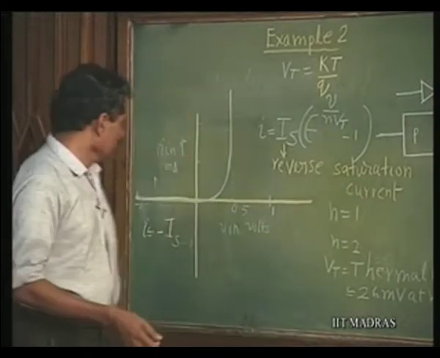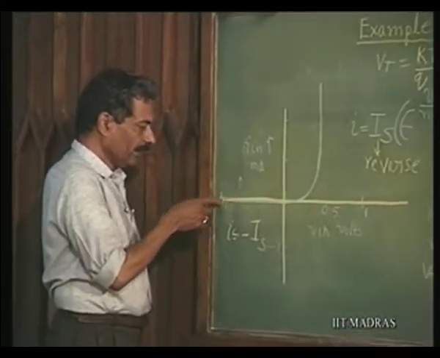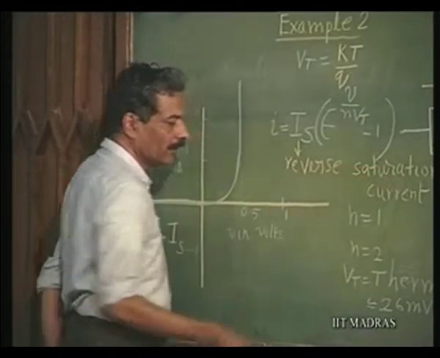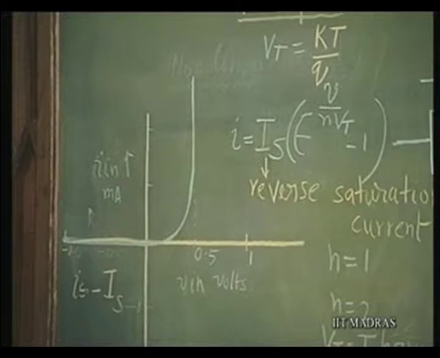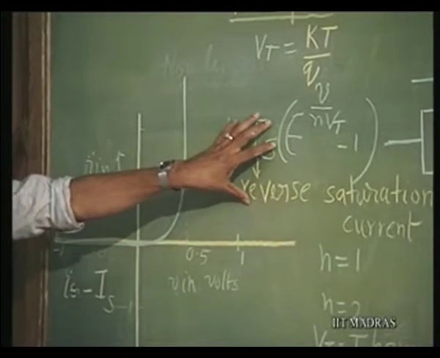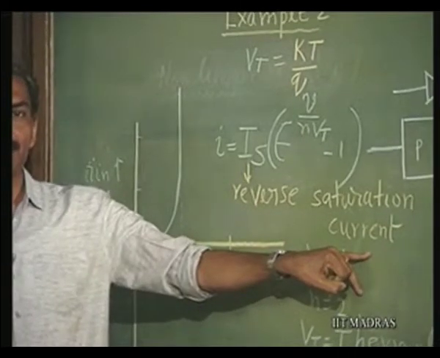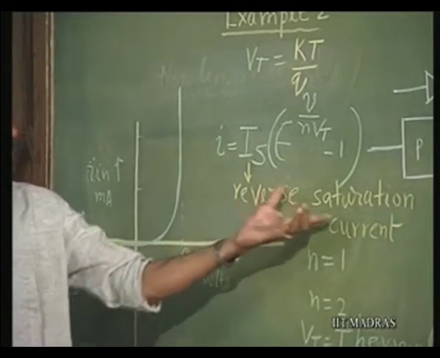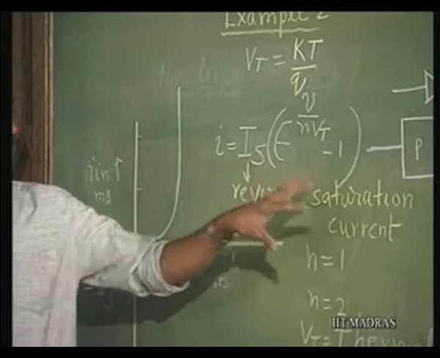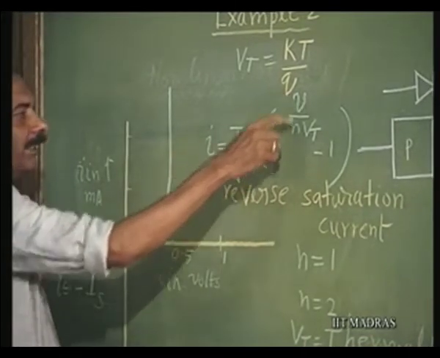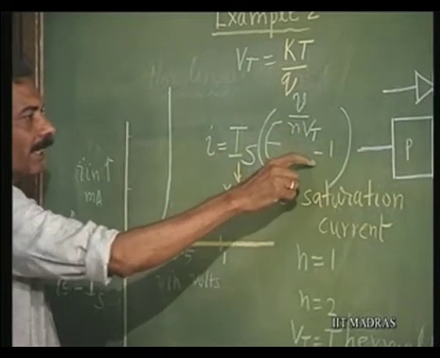So, the property of the diode is uniquely characterized by the reverse saturation current. The fabrication of the diode will see to it that this takes on a certain value. So, I is equal to Is exponent V by N Vt minus 1.